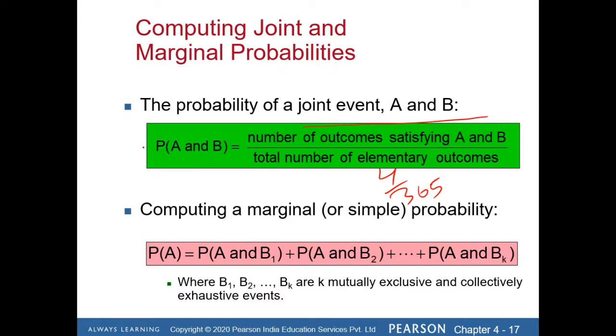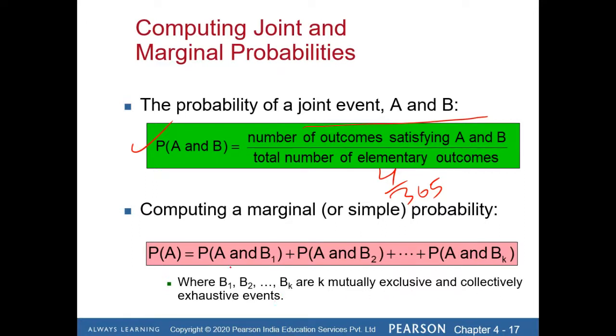This is the formula for computing it: the number of outcomes satisfying A and B, over the total number of elementary outcomes. Now, computing the marginal probability. If you want to find the marginal probability, there is a formula like this: probability of January is equal to probability of January and Wednesday plus probability of January and the other days, and you add them, where B1, B2, B3 are the exclusive events.